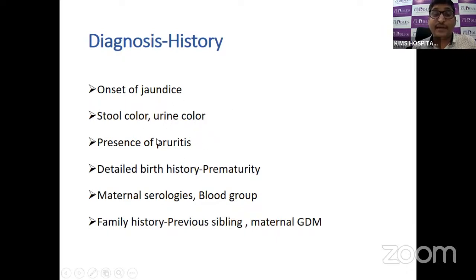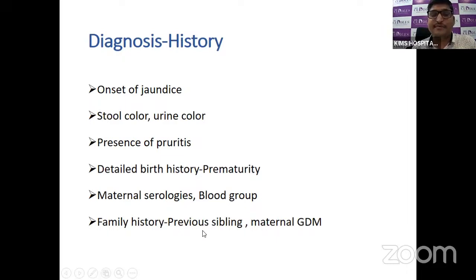Presence of pruritus again alerts us to cholestasis. Detailed birth history needs to be documented. Most of the time it is well known in inborn cases, but in outborn cases it should be asked, along with maternal serology, especially in Rh negative mothers with previous pregnancies, whether maternal antibody is present or not, and blood grouping and typing.